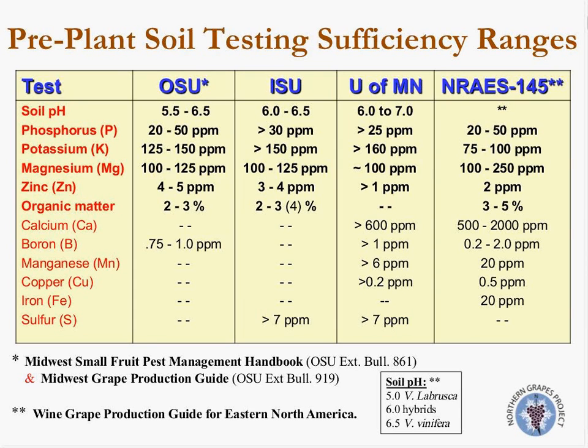This is Iowa State, University of Minnesota, and this is the North Regional Committee that has come up with some recommendations. And if you look at the general levels, we're all relatively in agreement in most cases for these, but there are some slight differences depending on what location you are in the country.